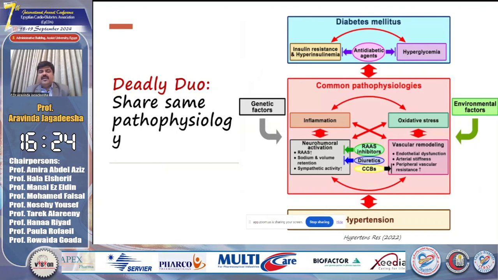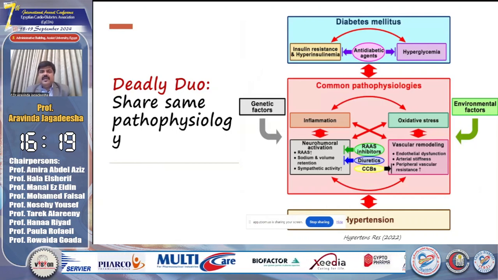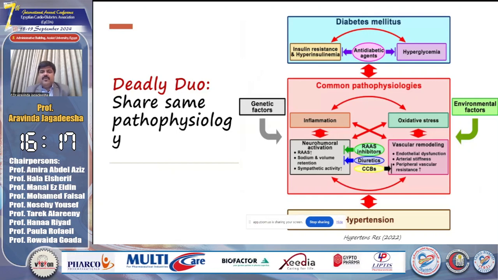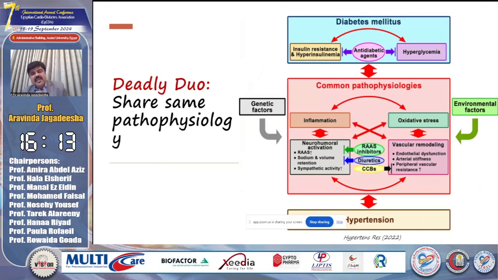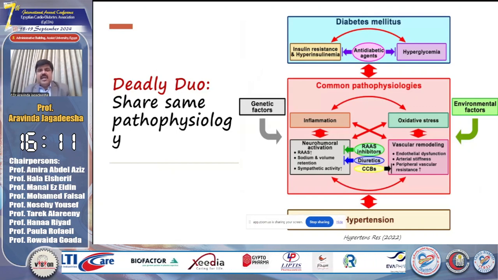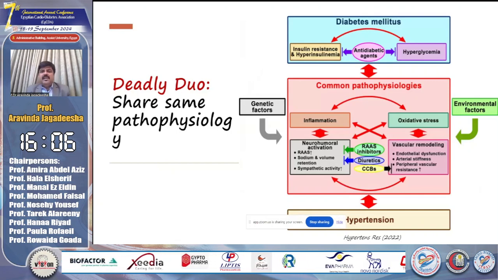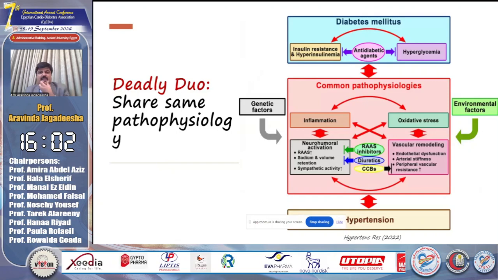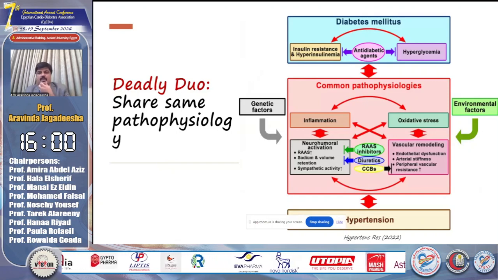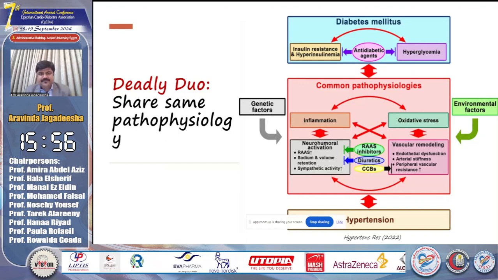You can see here on the right side of this slide, at the top you can see diabetes mellitus, at the bottom you can see hypertension. At the top, in diabetes mellitus, there is insulin resistance, hyperinsulinemia and hyperglycemia. You add anti-diabetic agents. At the bottom you can see hypertension. In the middle you can see the common pathophysiology, that is inflammation and oxidative stress.